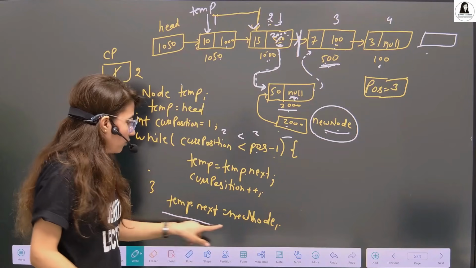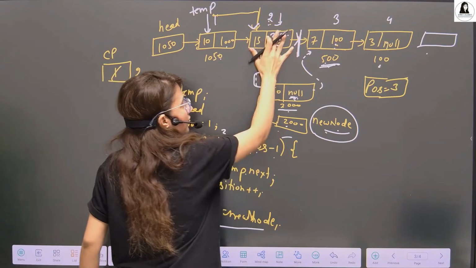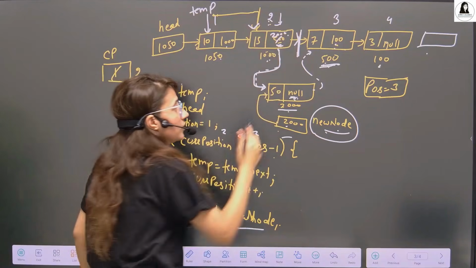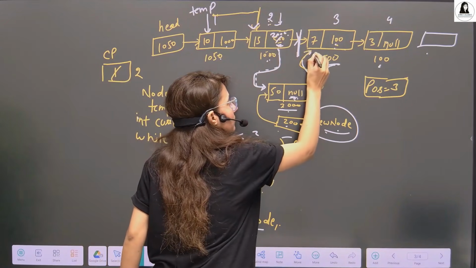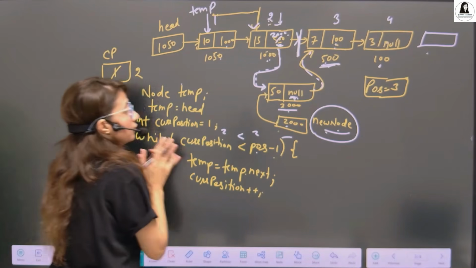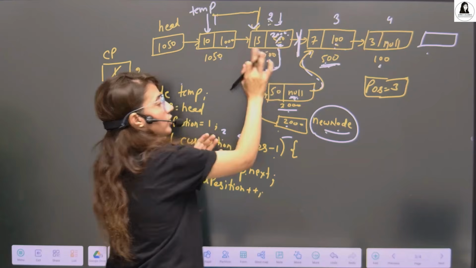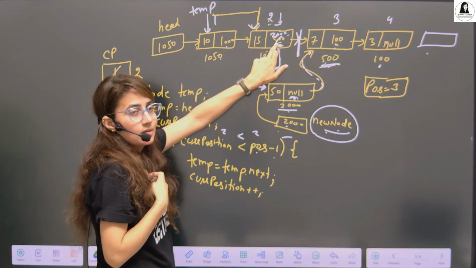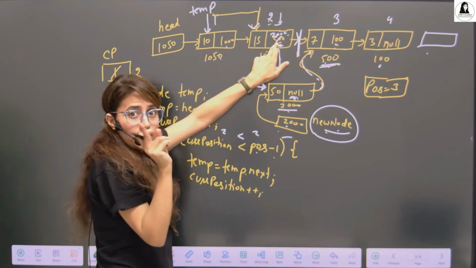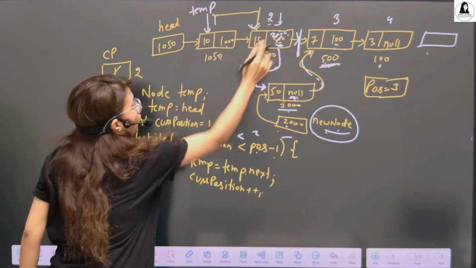We cannot simply write this thing first, otherwise you will lose this 500. First establish this connection, because the 500 is only here, and the only way to get this 500 is temp.next. If you change temp.next first, you will lose it.